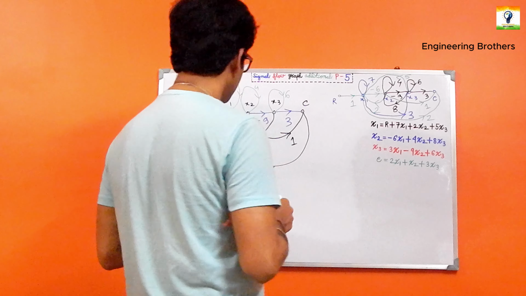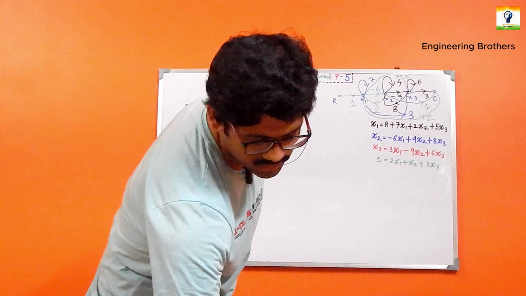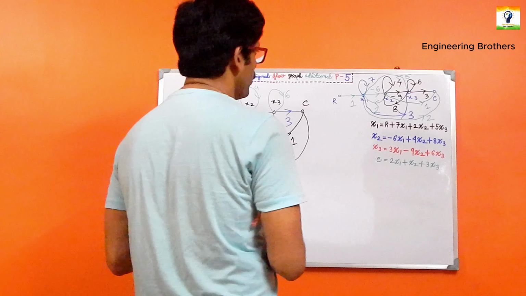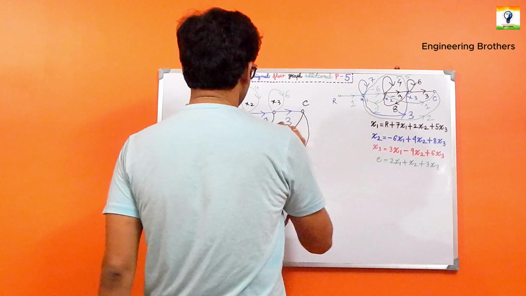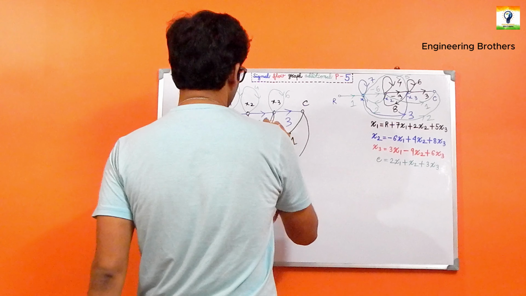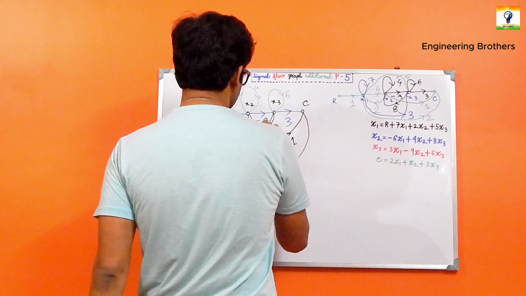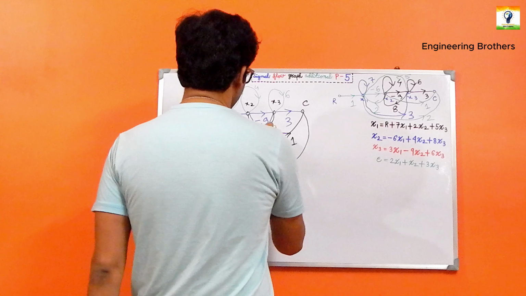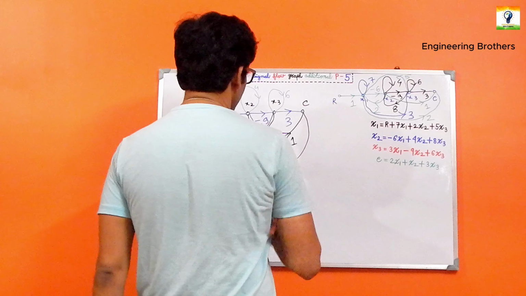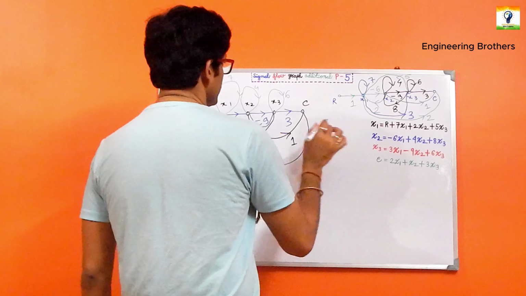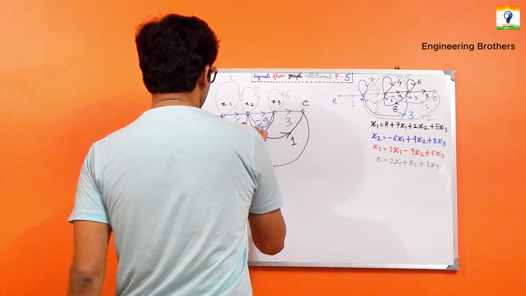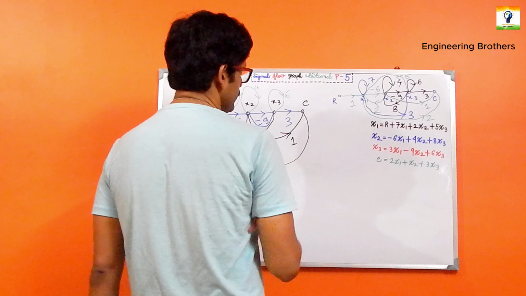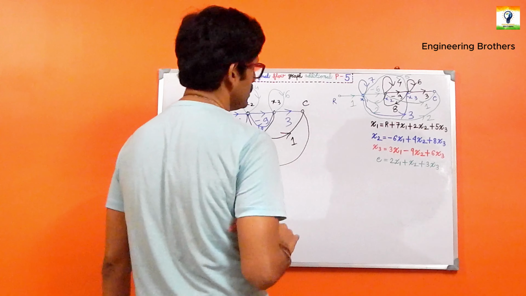Okay. Now let us consider our loops over here. In between our x3 and x2, we have got the feedback loop as 8. In between our x2 and x1, we have got the feedback loop as 2.